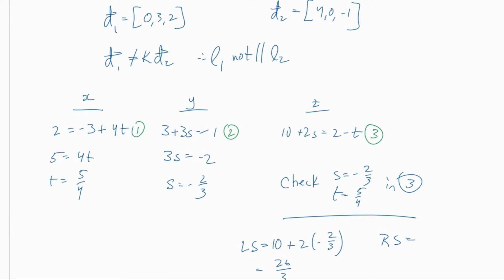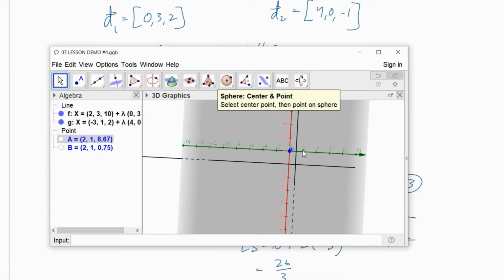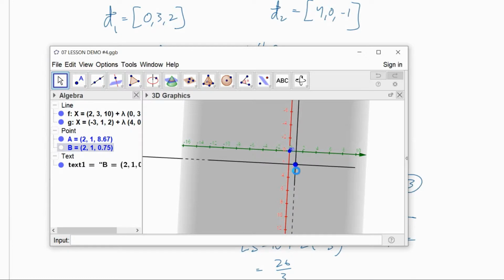Okay, so this is the same system that we're looking at. These 2 black lines that we're looking at here are those 2 lines. Same thing. So what if I put the point on there? That's where the 2 lines meet, isn't it?